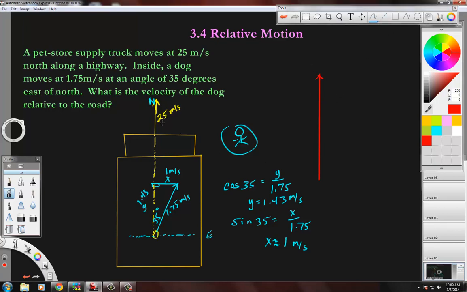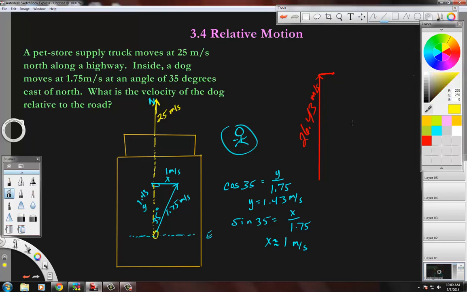Well, it's going to be 25 plus 1.43. So that's 26.43 meters per second. And then the dog happens to move this way just a little bit. If we're drawing this to scale, I've probably already drawn that too long, but I will exaggerate it a little bit so we can see what's happening.